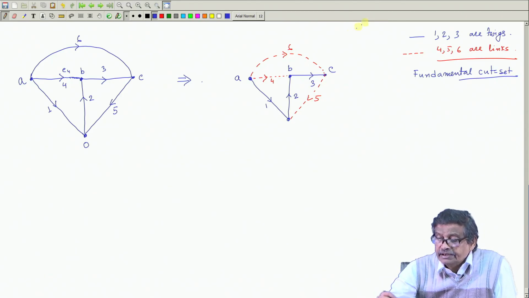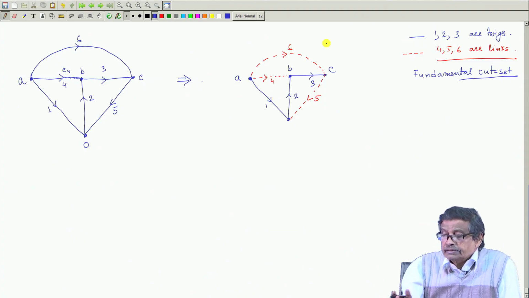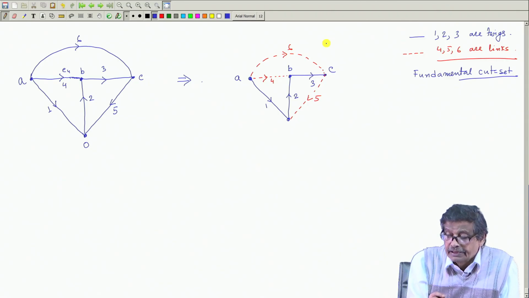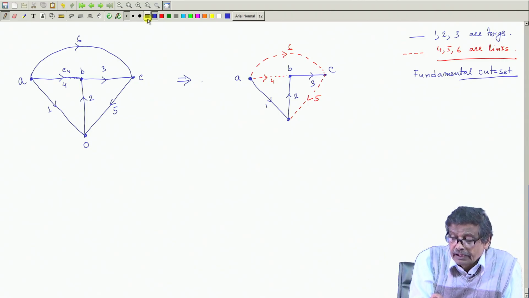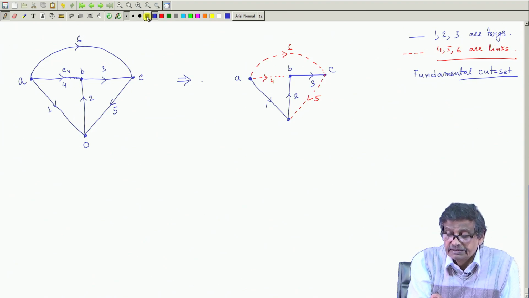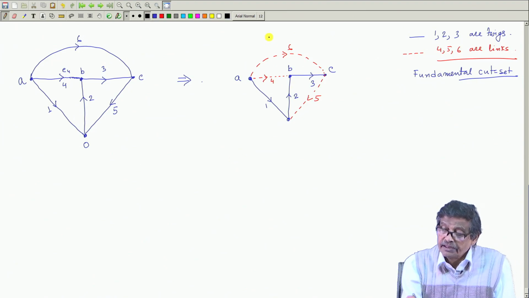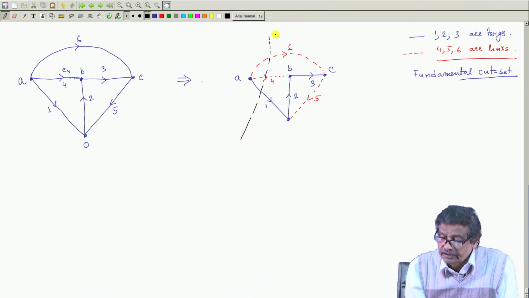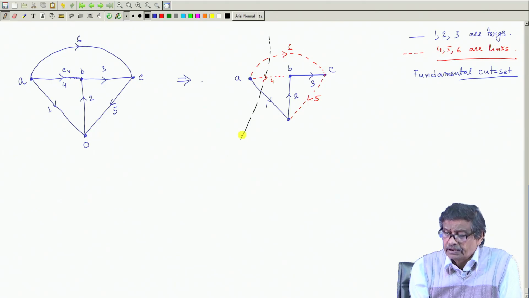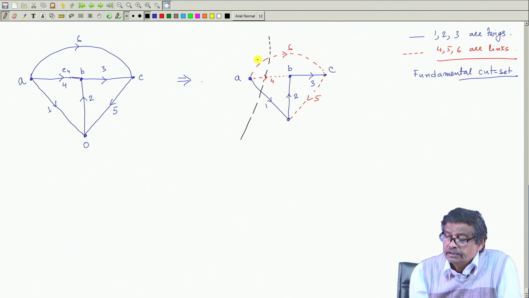So, I will divide this network into 2 halves so that there will be only one twig present. For example, I will divide this by a line like this. Take a scissor, think I have divided this line. Is it a fundamental cut set? Yes, it is, because it divides the network into 2 halves.